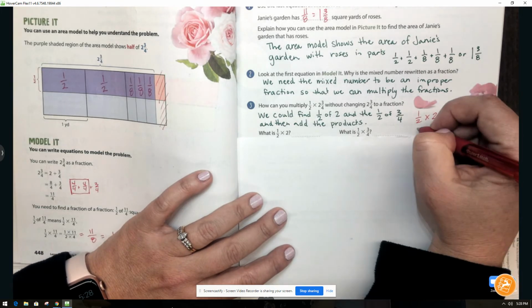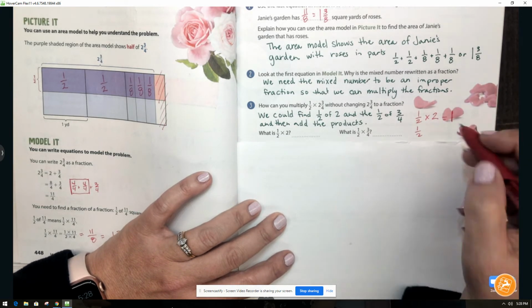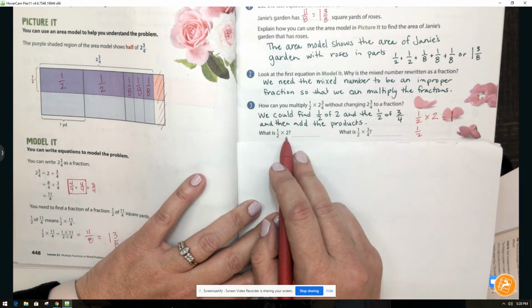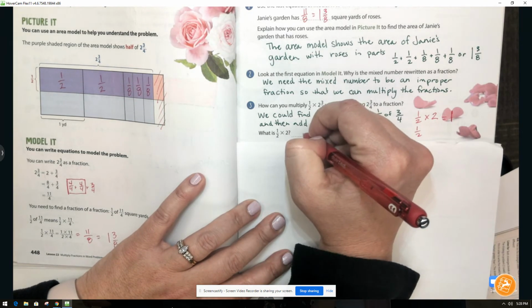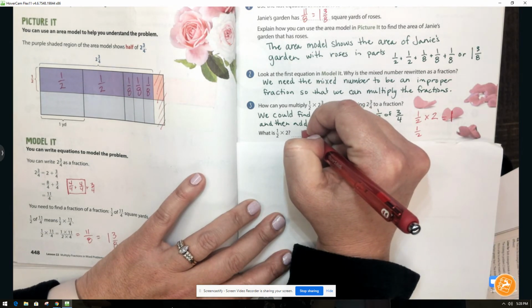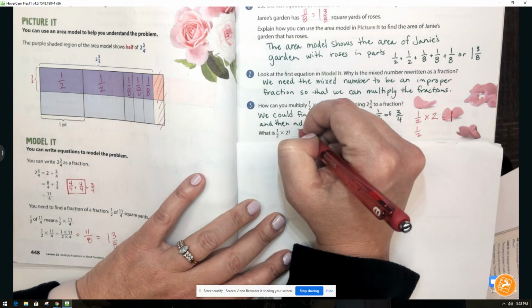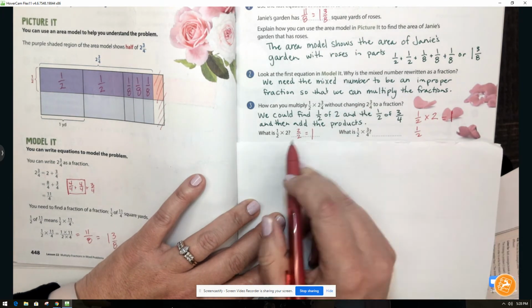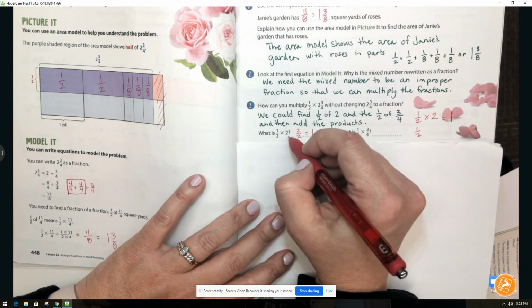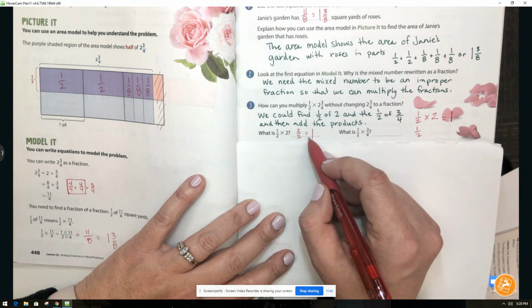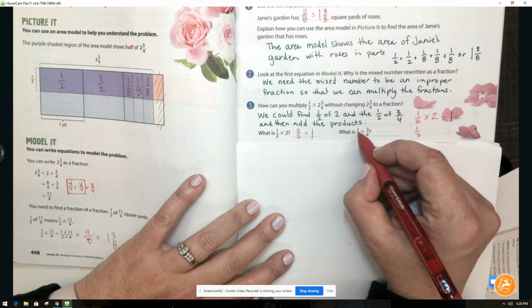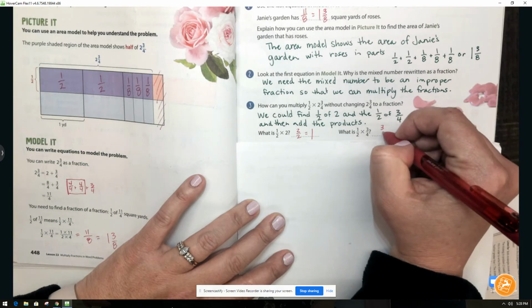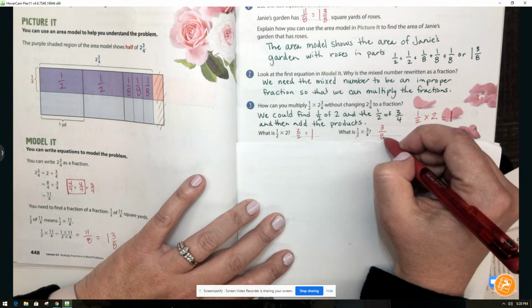Oh, wait, never mind, they're going to do it over here. Half of 2 equals 2 over 2, which equals 1, because 1/2 times 2 is 2/2, which equals 1. And then we can multiply 1 times 3 is 3, and then 2 times 4 is 8.